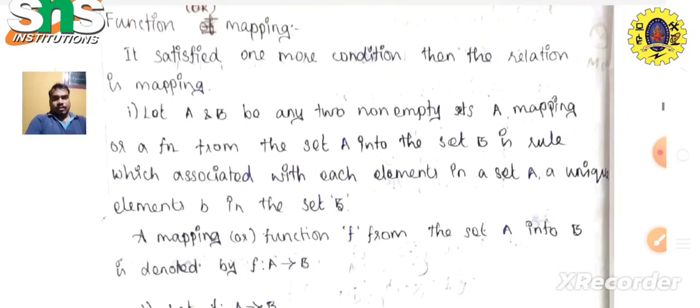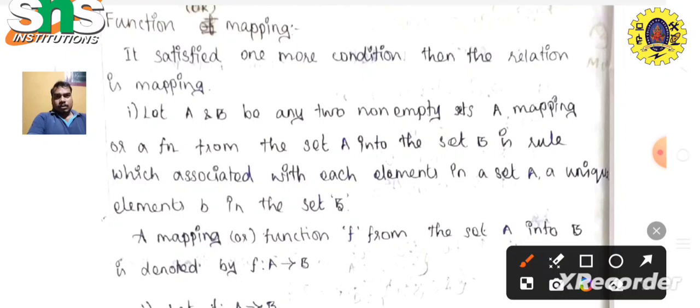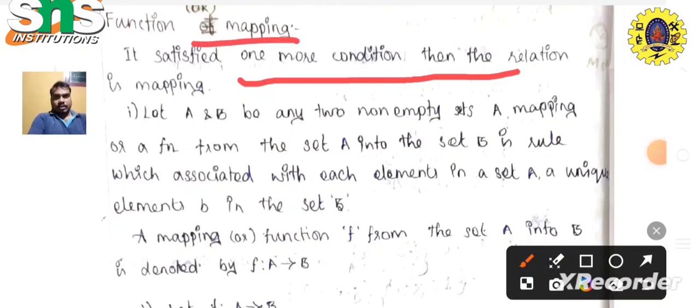Next we have to see function or mappings. A function or mapping satisfying one or more conditions, then the relation is a mapping.